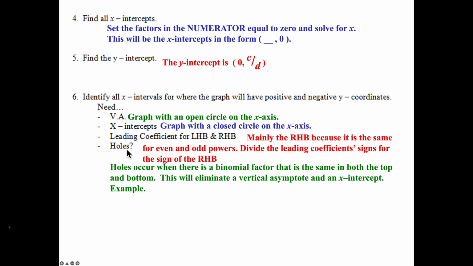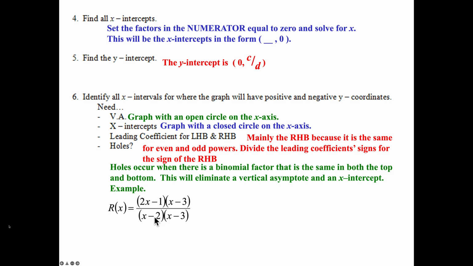And the last thing is holes. Holes will occur when there is a binomial factor that is the same in both the top and the bottom of your fraction. They will cancel out, but what that does is eliminate a vertical asymptote and an x-intercept.